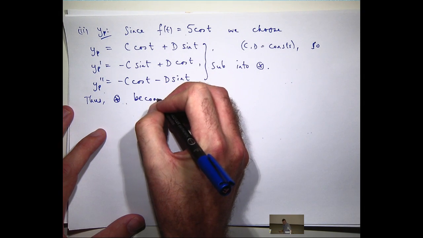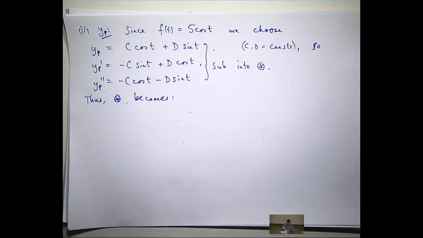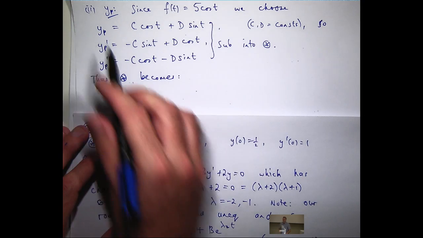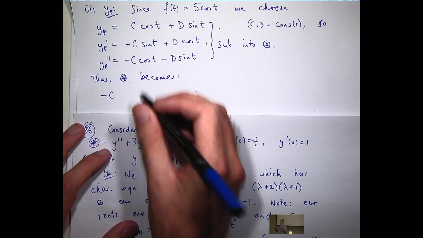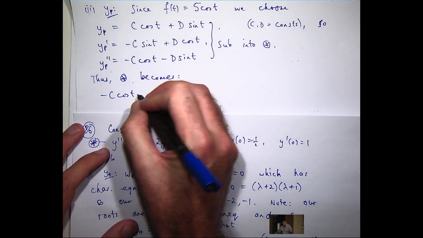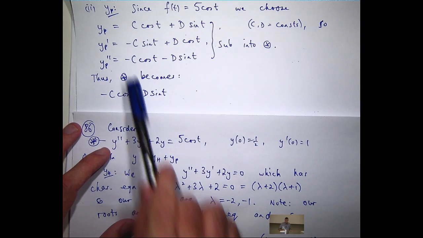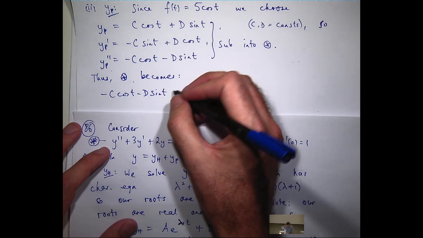Now this is where it gets a little bit messy. So y double prime's that. I want 3y prime, so I'm going to multiply everything there by 3.